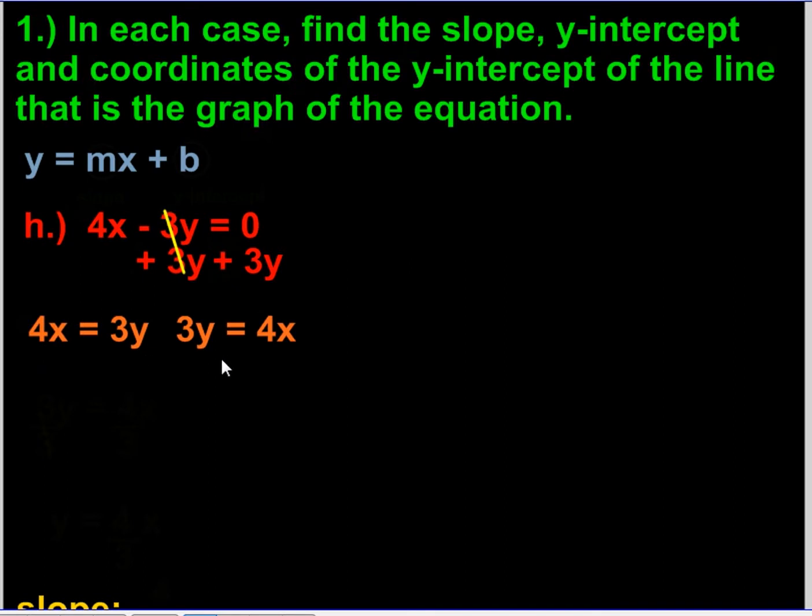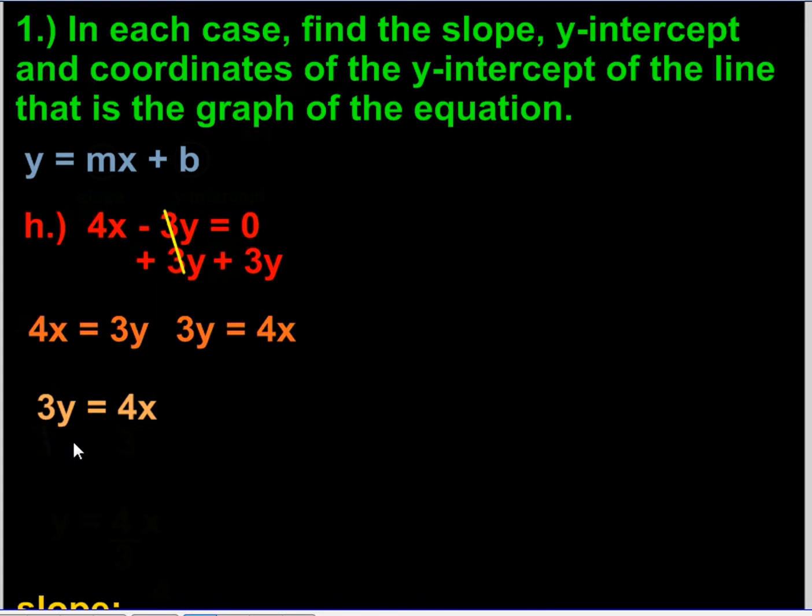4x equals 3y, but since the equation shows y starting on the left-hand side anyway, I think we'll keep y. We can flip this around without any kind of penalty, and we'll put y on this side and then move on from there. So we have 3y equals 4x.